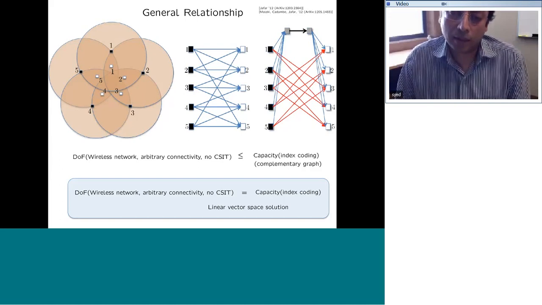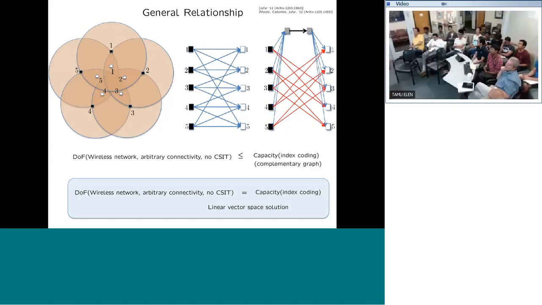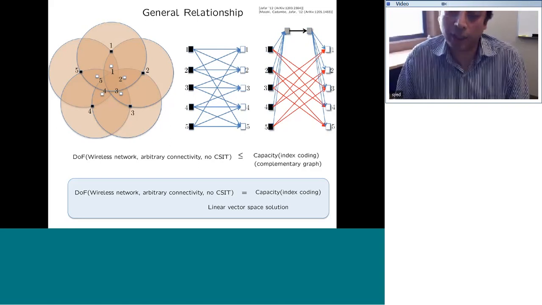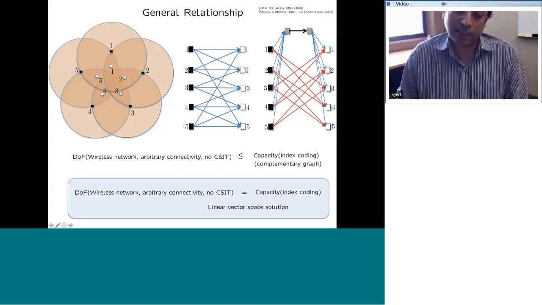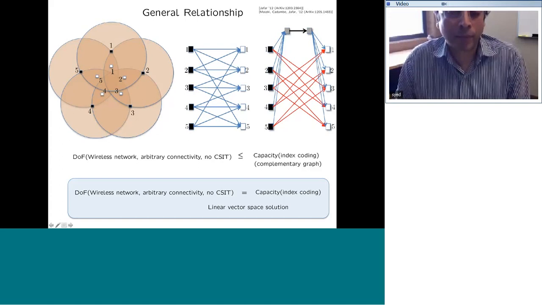In fact, it was shown that linear codes are not enough for index coding if it's not a unicast problem, but a multicast problem or a group cast problem. And one of the recent results we've obtained is also to show that for the unicast index coding problem, linear codes are not always enough. So this situation will not always happen, but it happens most of the time. It's very hard to find examples where it does not happen.